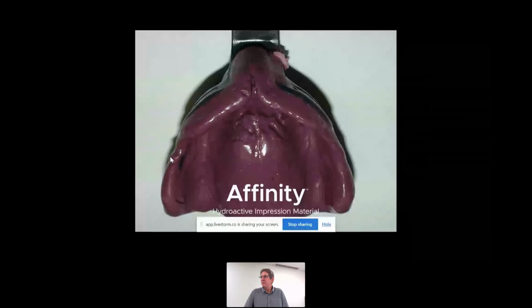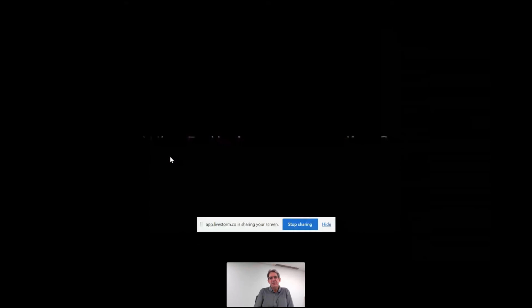You can pour this up multiple times from the same impression. You can disinfect the impression with this. It has a shorter working and set time. So the working time of this material is 2 minutes and 15 seconds with an intraoral set time of 2 minutes and 45 seconds. So this is a material that people that have switched from polyether typically switch into, our monophase material, if you will.